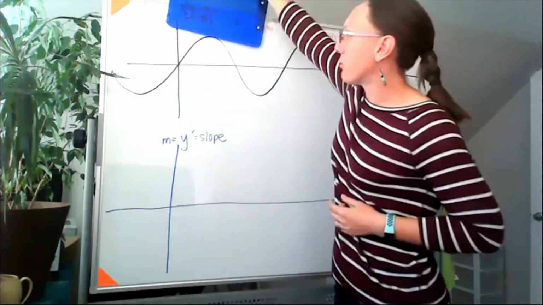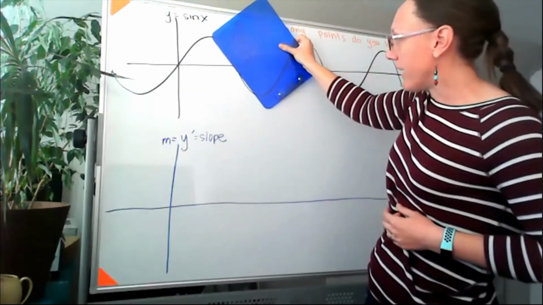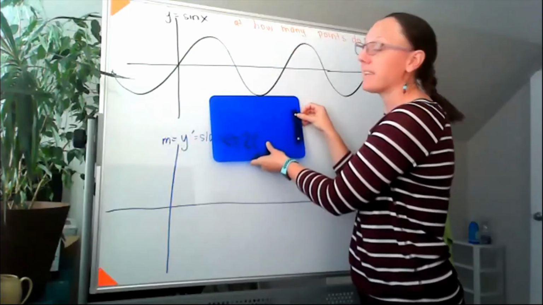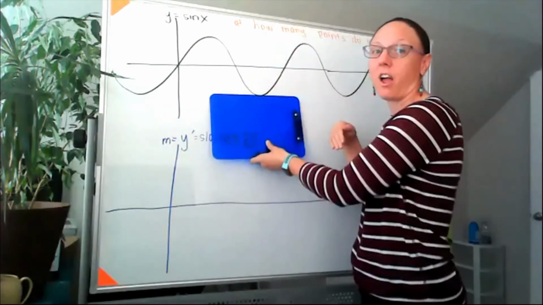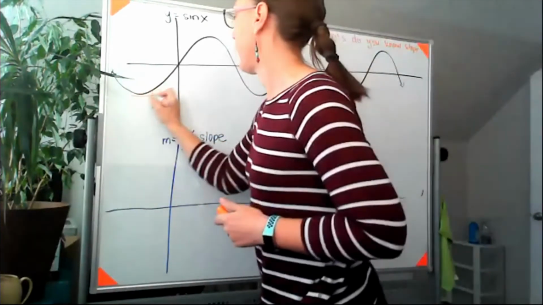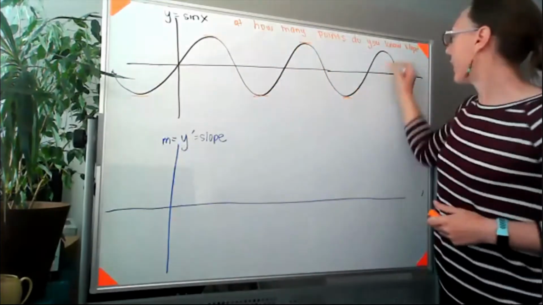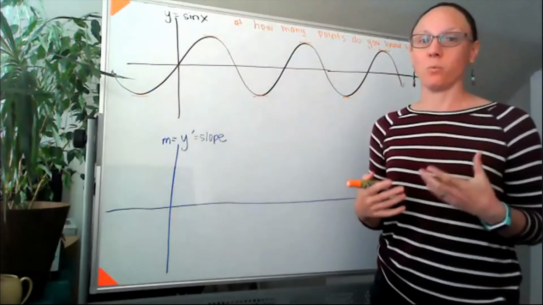And if I think about tracing this down the other side, then when I get down to the bottom, the slope of my tangent line is also 0 because I hit a horizontal line. So I am thinking about here, here, here, here, here, and here as places where I know the slope is equal to 0.